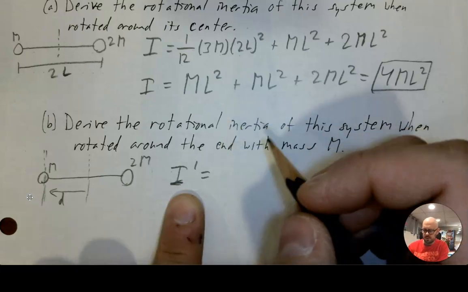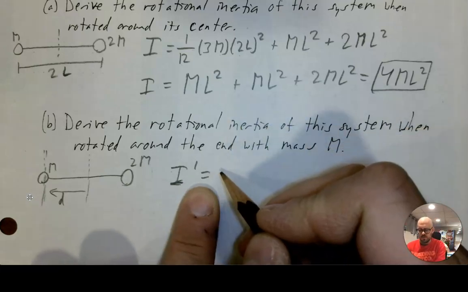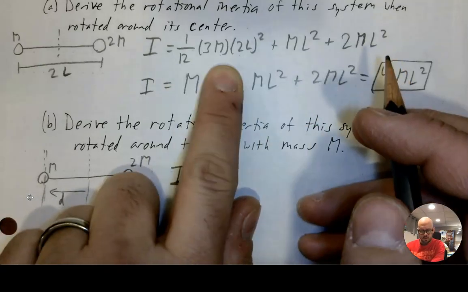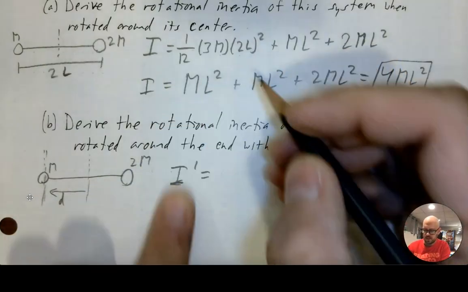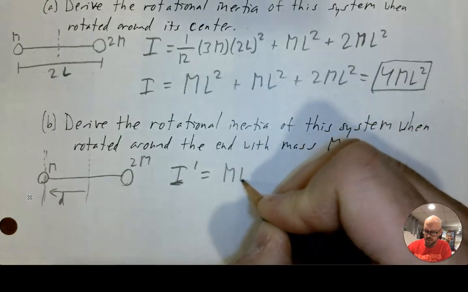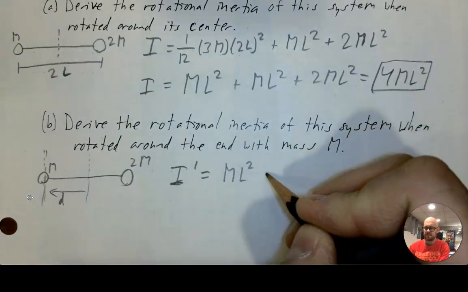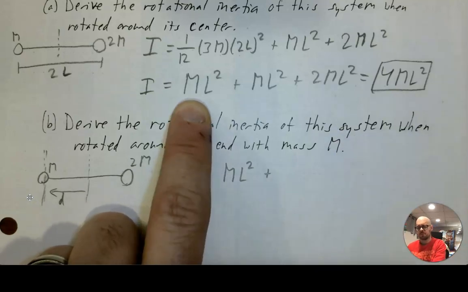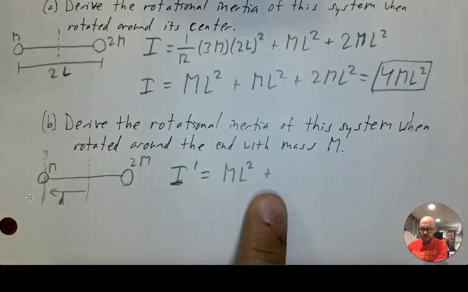So this is going to be the rotational inertia of just the bar rotated around its center. I already did that work here. So I'm just going to take the result, which is ml squared. That was the rotational inertia of just the bar rotated around its center. And now I'm going to add the md squared term.